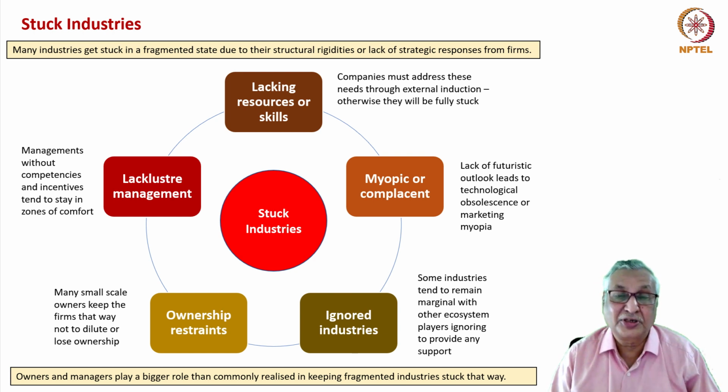There could be ownership restraints. These are genuine restraints that happen in fragmented industries because you are operating at a low scale. You do not have the ability to generate finances to become anything different than remaining small. So many small scale owners keep the firms that way, and one of the reasons, again, is not to dilute or lose ownership. Many times, the firm which is established is tantamount to family employment. It is a generational avocation. You can see many people who have been manufacturing suitcases in towns, and that skill or business passes from generation to generation.